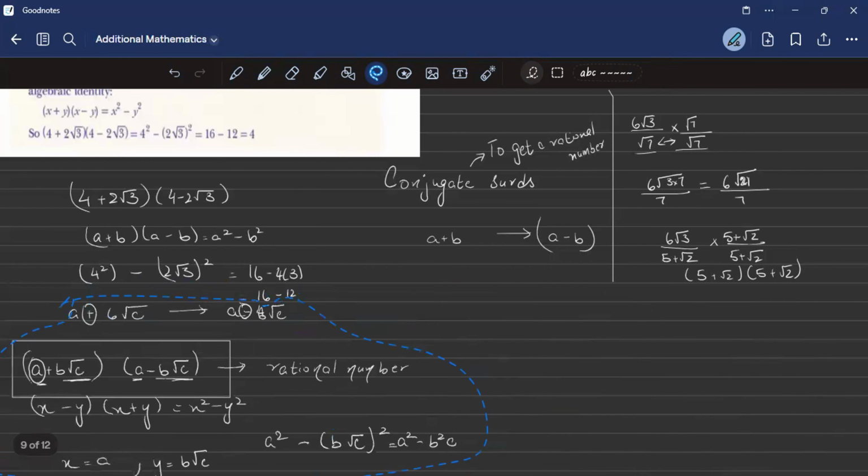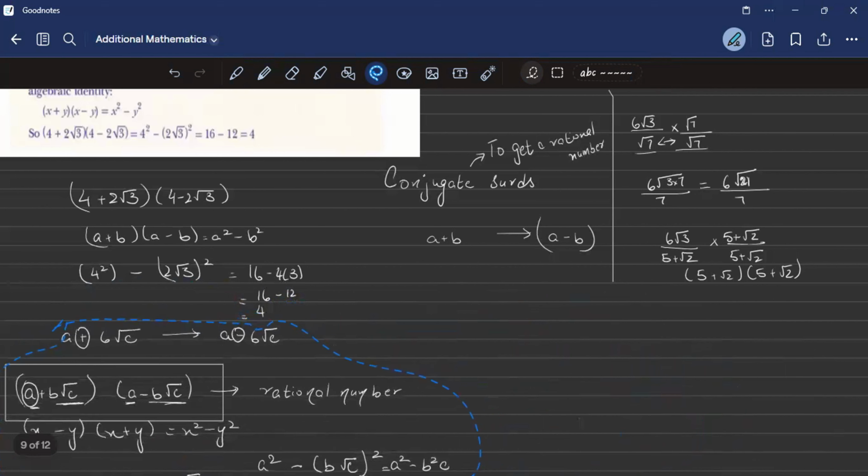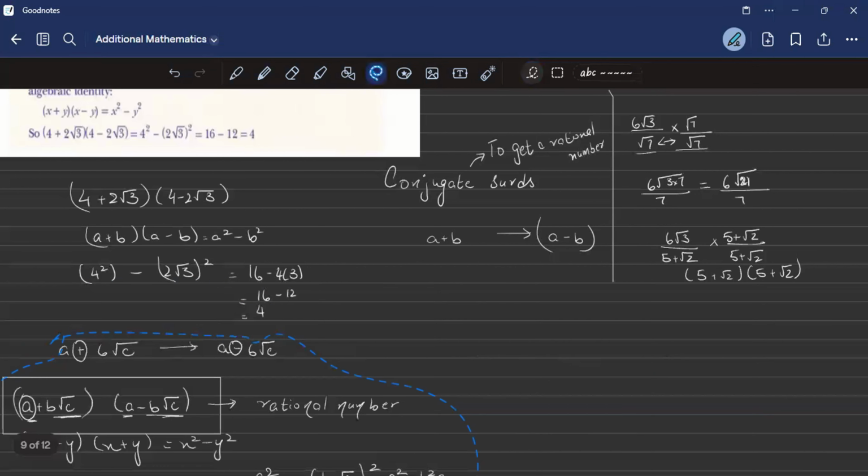So basically, what happens right now is this becomes 6 under root 3 whole square multiplied by 5 plus under root 2 divided by... however, this won't be the right answer, because if we multiply 5 plus under root 2 by 5 plus under root 2, I would use the FOIL method right now.